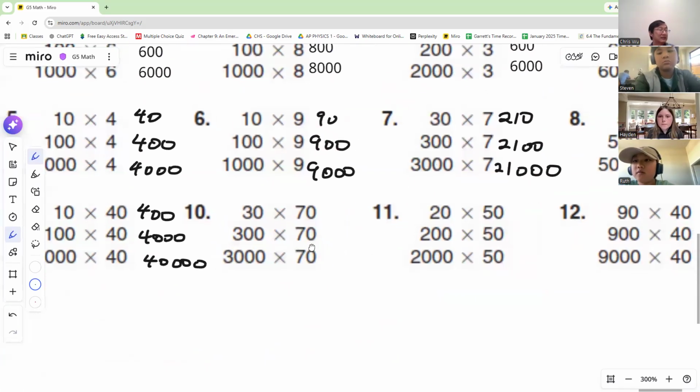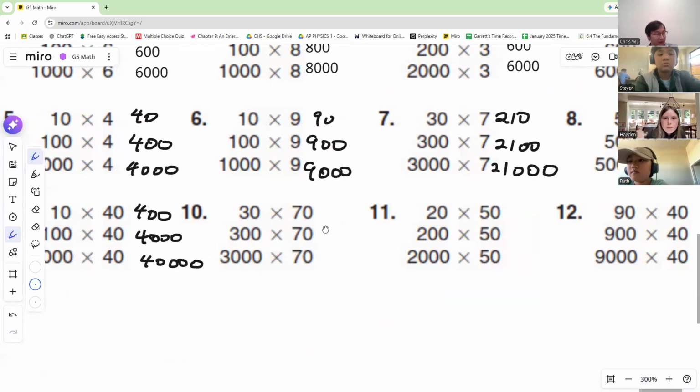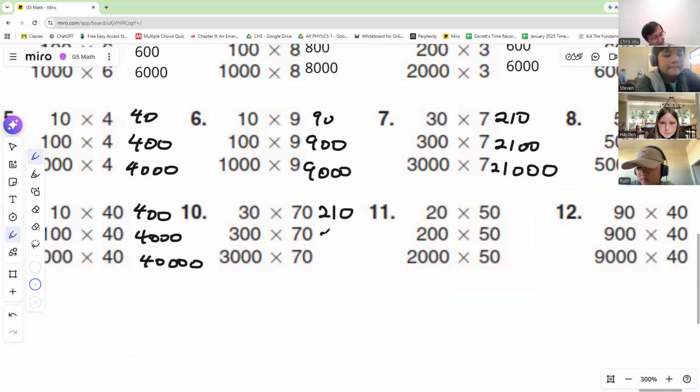Hayden. 21, 210, 2,100, and 21,000. Okay, let's see here.